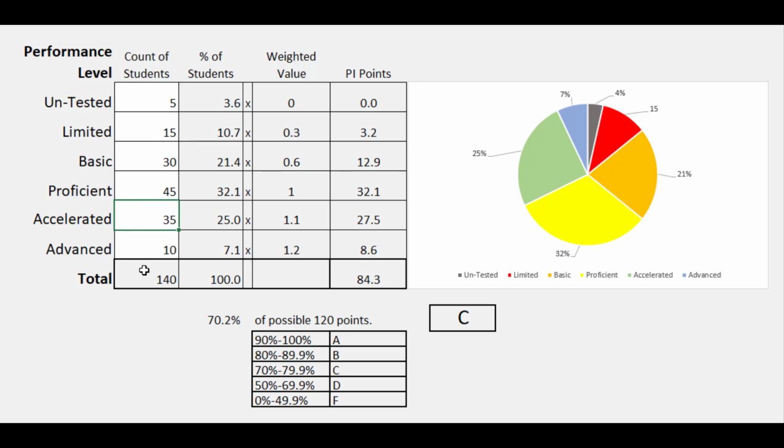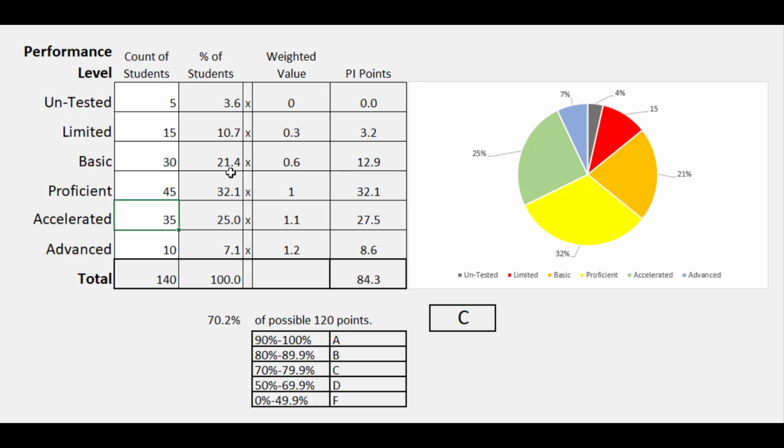So in this case, we had 140 students. Let's look at the limited row. 15 students represents 10.7% of those 140 students. That percentage is multiplied by 0.3, that's the weight for that performance level, and gives the number of performance index points. Had 100% of the students been limited, that would have been 30 points.